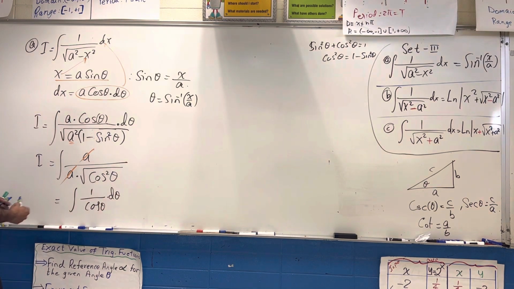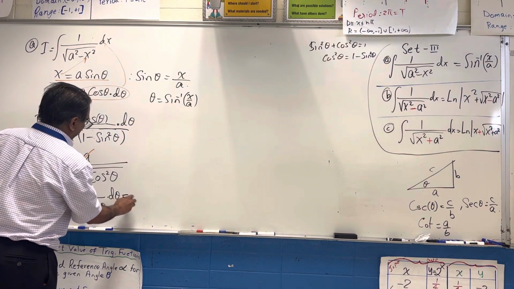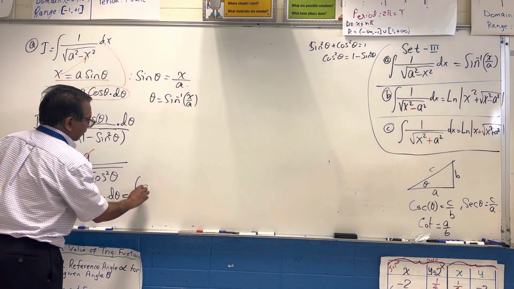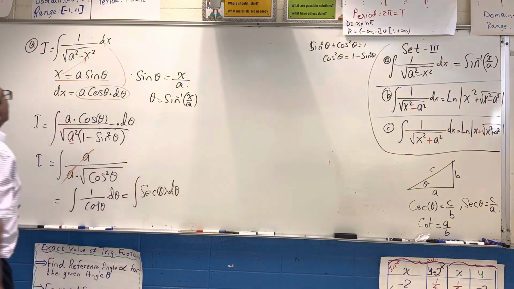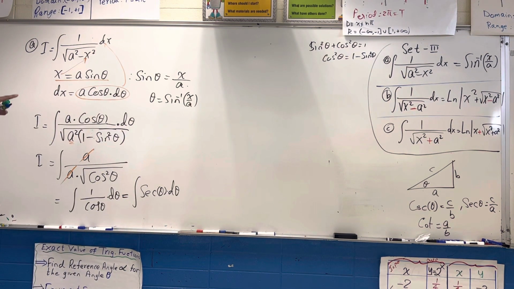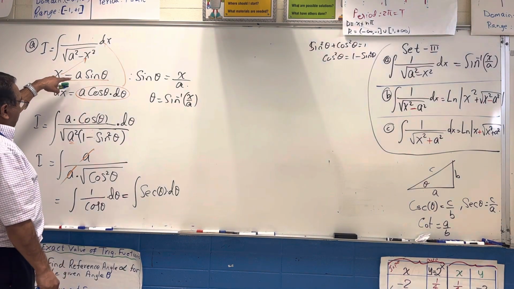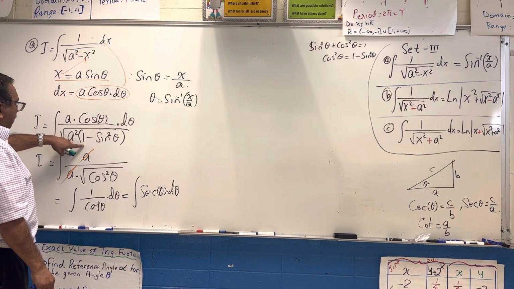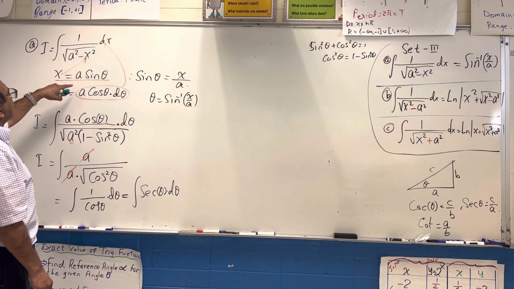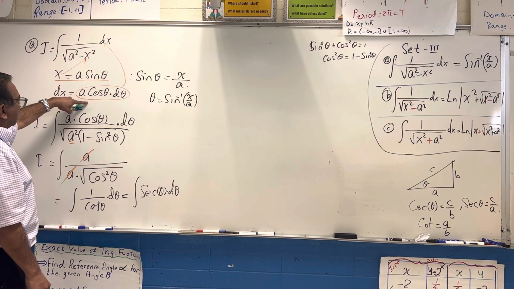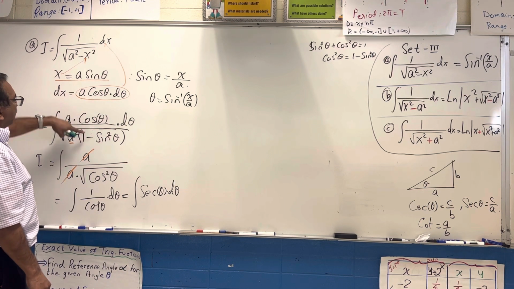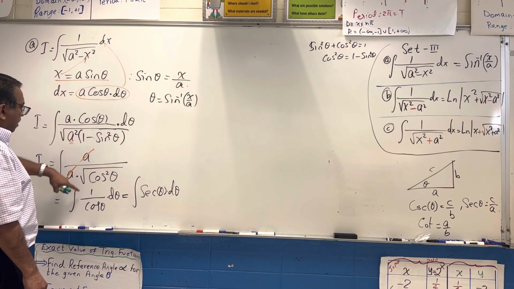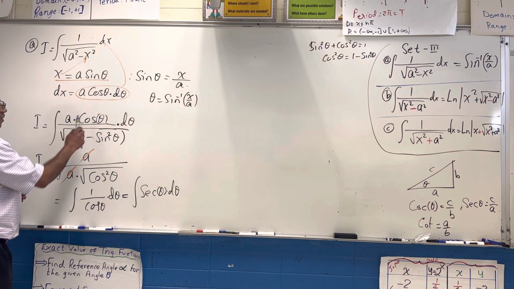I think I messed up somewhere. x is a sine theta, so dx is a cosine theta, and 1 minus sine squared is cosine squared, whose square root is cosine theta. I missed this cosine theta here.